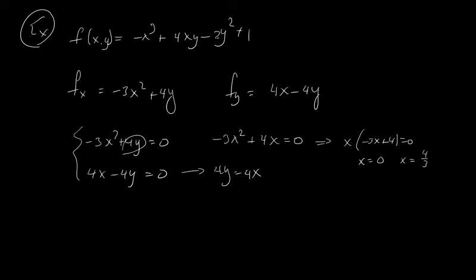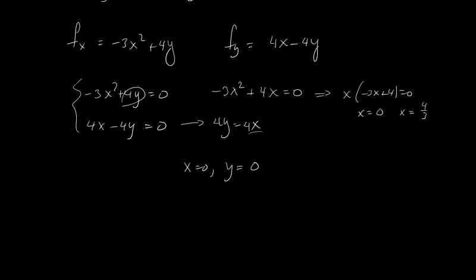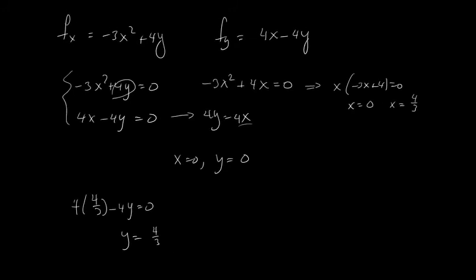Now let's find out what y is. If x is 0, that implies y would be equal to 0 as well. If x is 4/3, we have 4 times 4/3 minus 4y equal to 0, so y is going to be equal to 4/3. What about in the other equation?